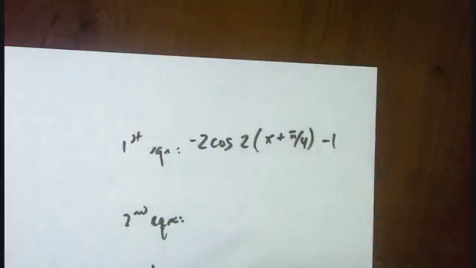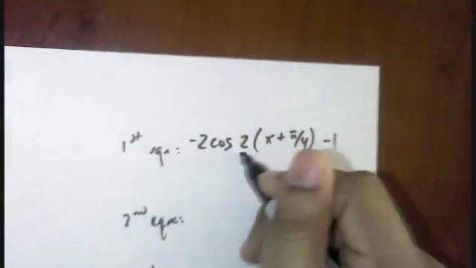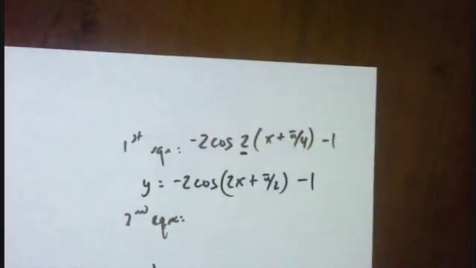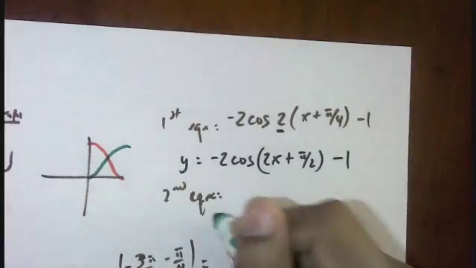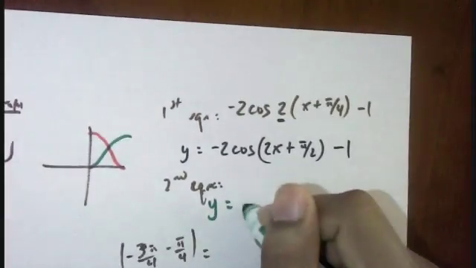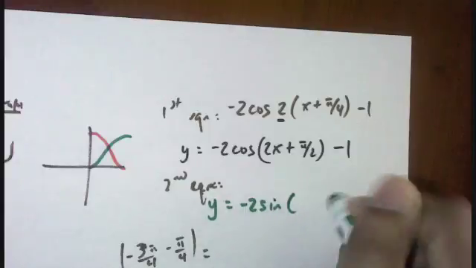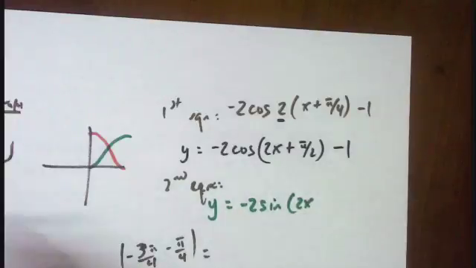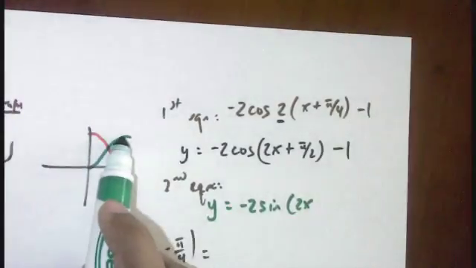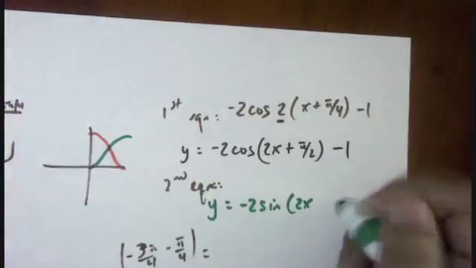My first equation using cosine. To write the second equation, I am going to take the time to distribute this 2. And then just like in the last video, if I want to go from cosine to sine, my second equation is going to be y is equal to negative 2 sine 2x. And again, I am shifting the graph of sine to the left pi over 2 units.